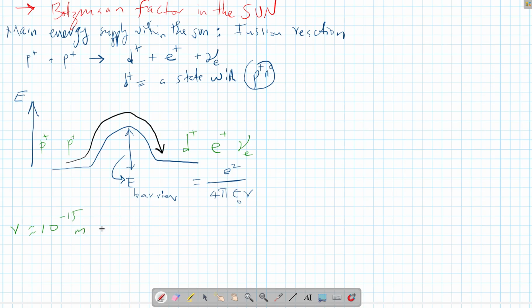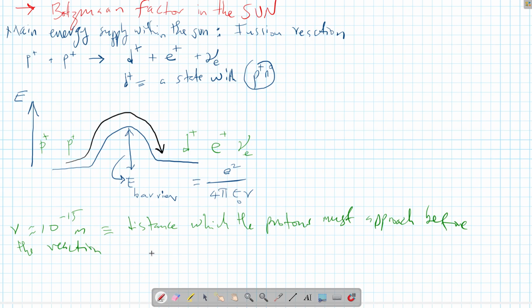This is the distance which the protons must approach before the reaction takes place.